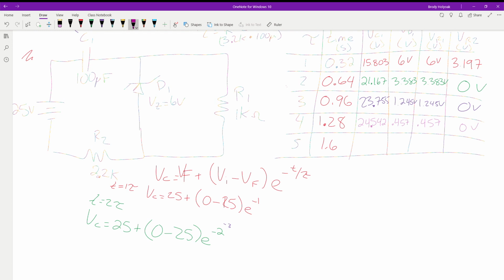And the last one, I'll just write this one down for you guys. 832, which leaves 0.168 and 0 volts.